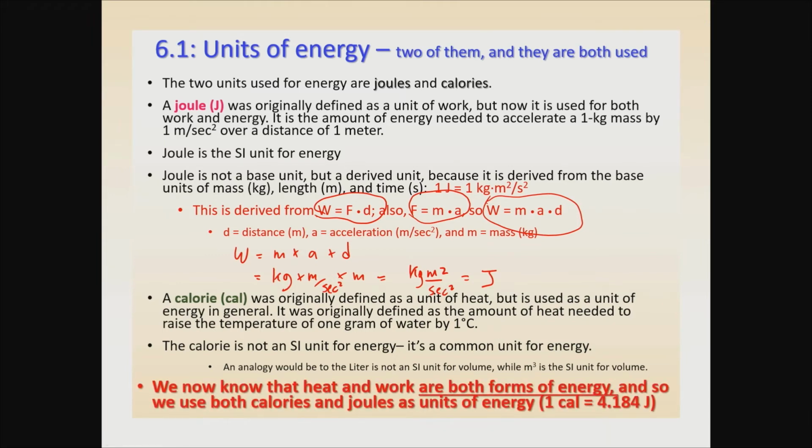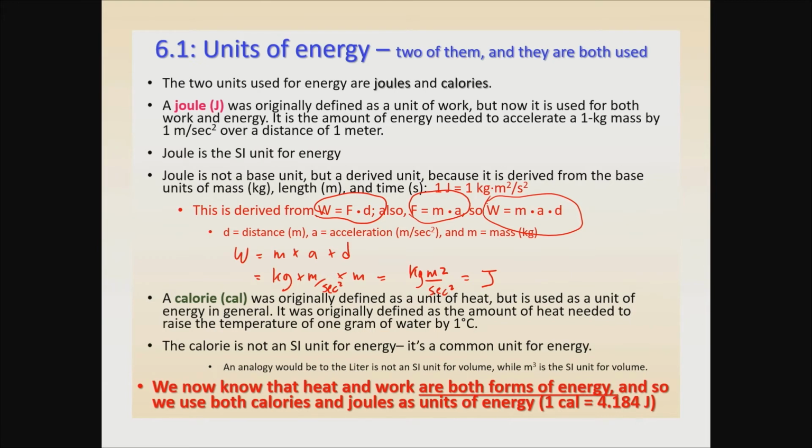Okay. Now, one thing that we do know is that joules is derived from work, and it's a form of energy, and calories is derived from heat, which is a form of energy. And so since they're both forms of energy, there must be an equivalency between the value of a calorie and the value of a joule.